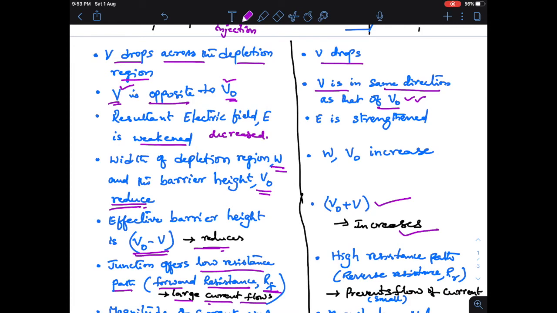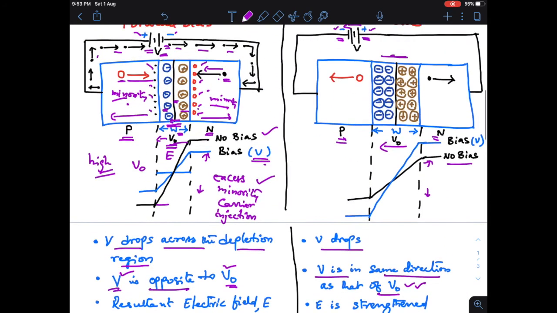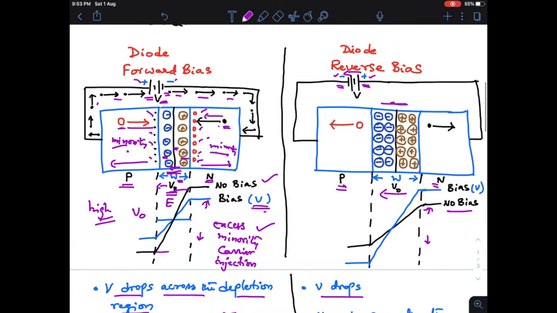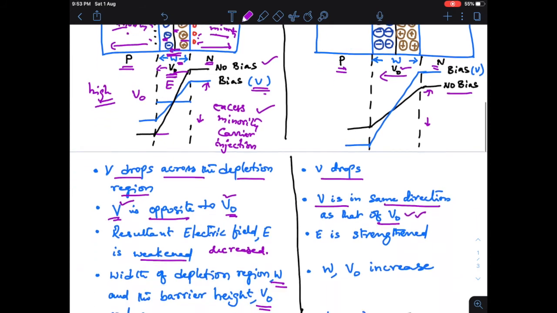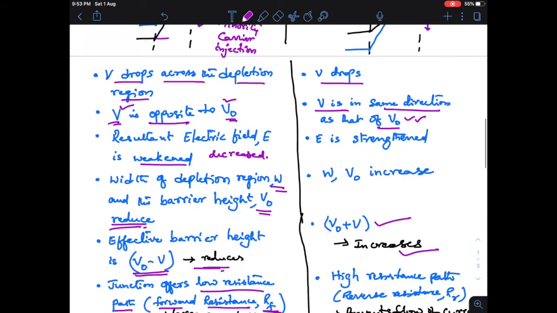So because that increases, the width of the depletion region and the barrier potential also will increase. So these will increase, and as such the electric field is strengthened. That means because this is V naught plus V, this E increases.